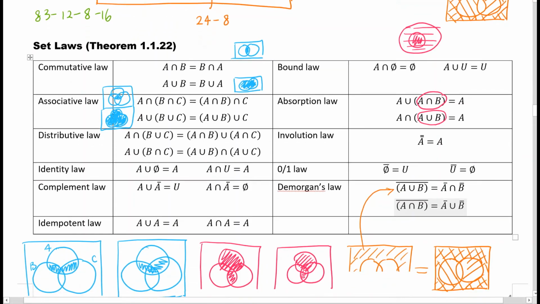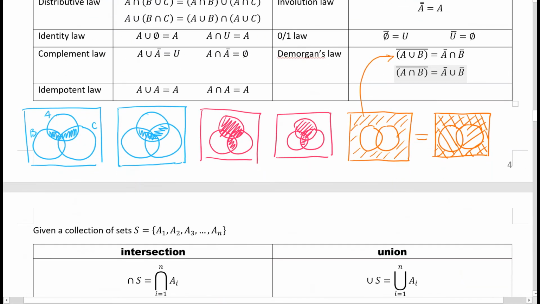Okay, so for example, I just want to show you how useful this trick is. If I give you A intersect B, complement, what is this guy? Well, you try to, so I put quotation marks here. You try to distribute it, and then this, and then this, right?